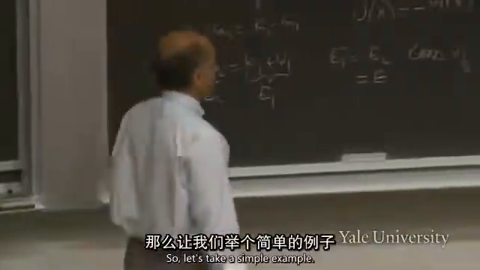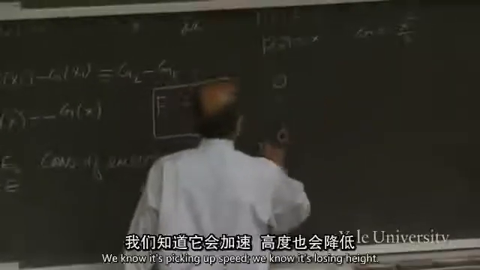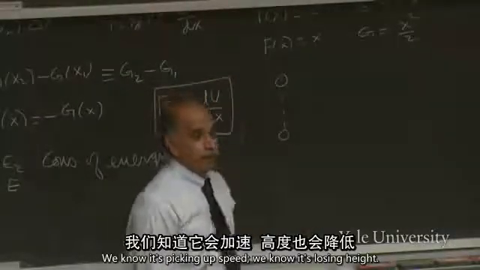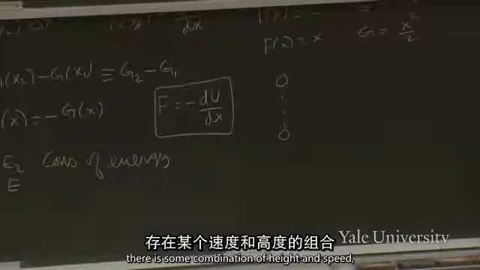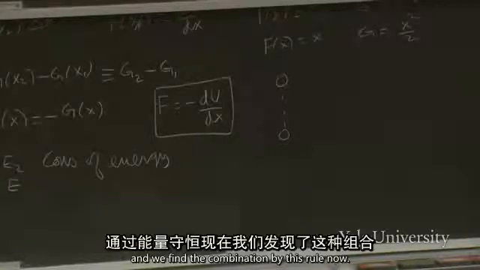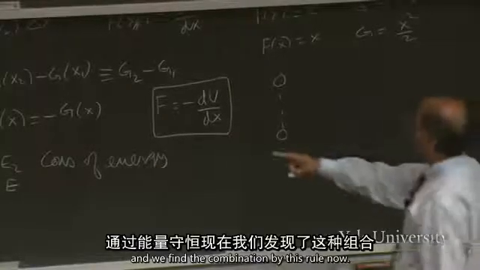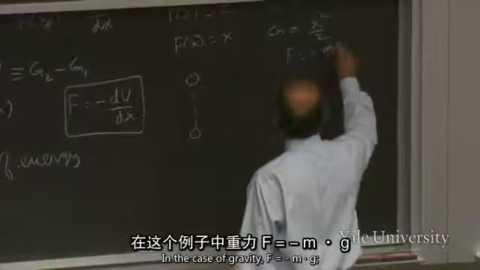So let's take a simple example. We take a rock and we drop it. We know it's picking up speed. We know it's losing height. So you may think maybe there is some combination of height and speed which does not change in this exchange. And we find the combination by this rule now. In the case of gravity, F is equal to minus mg.